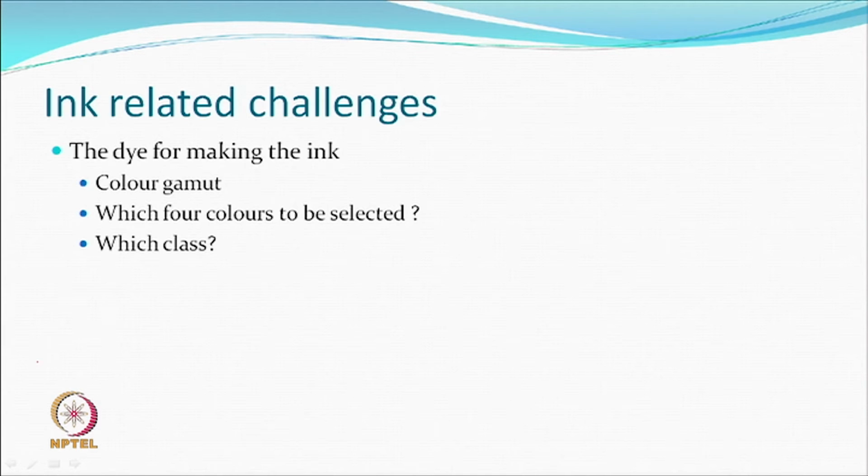The ink or the dye which is used for making an ink has to meet all these requirements. All these requirements means that you have only 4 inks and they must exactly be the standard. Their spectral characteristics must be exactly the same as, let us say, what you see on the screen. So, finally, when they go and deposit, the drops are delivered, and then you see the whole picture through your eyes, it should look the same.